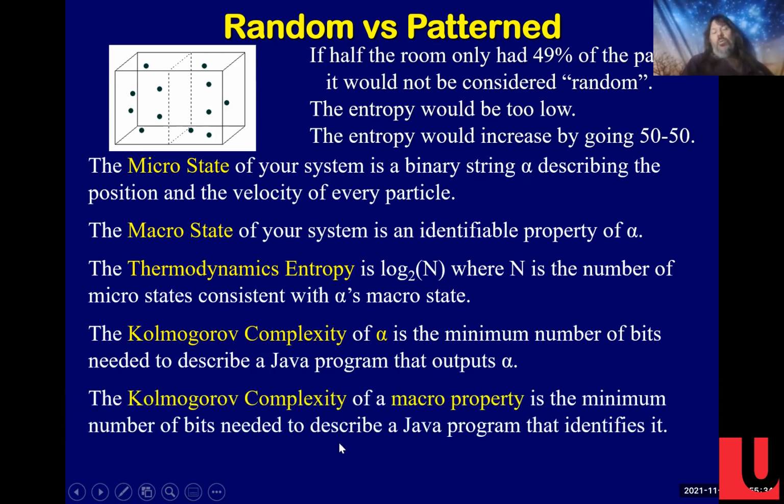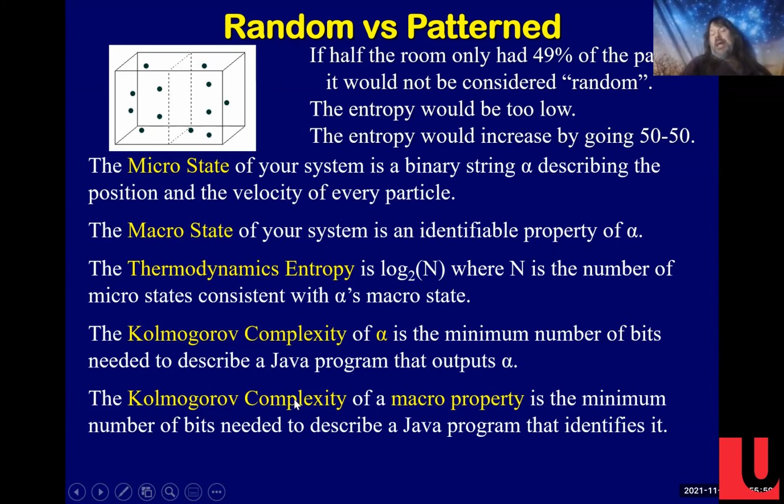So now we can talk about the Kolmogorov complexity of a macro property, right? What's a macro property? Remember, it's saying, hey, I have 0.51 of the particles on this side, and I have 0.49 on this side. That's a property of the string.